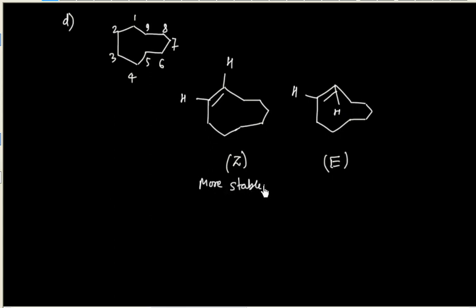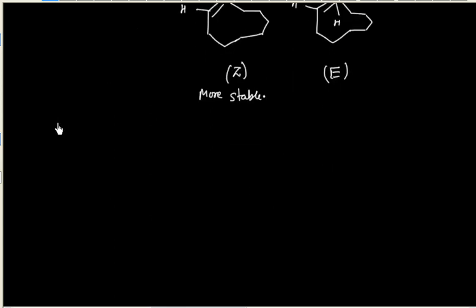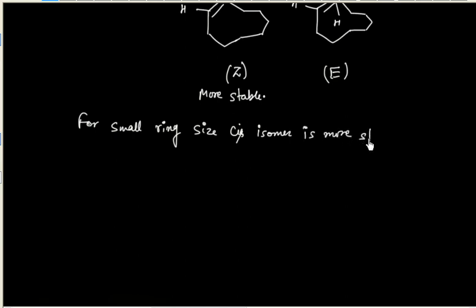You can remember, if the ring size is small, geometry does not permit, and the cis isomer is more stable. So now I can write, for a small ring size, the cis isomer or Z isomer is more stable. But if the ring size is large, the reverse is true.